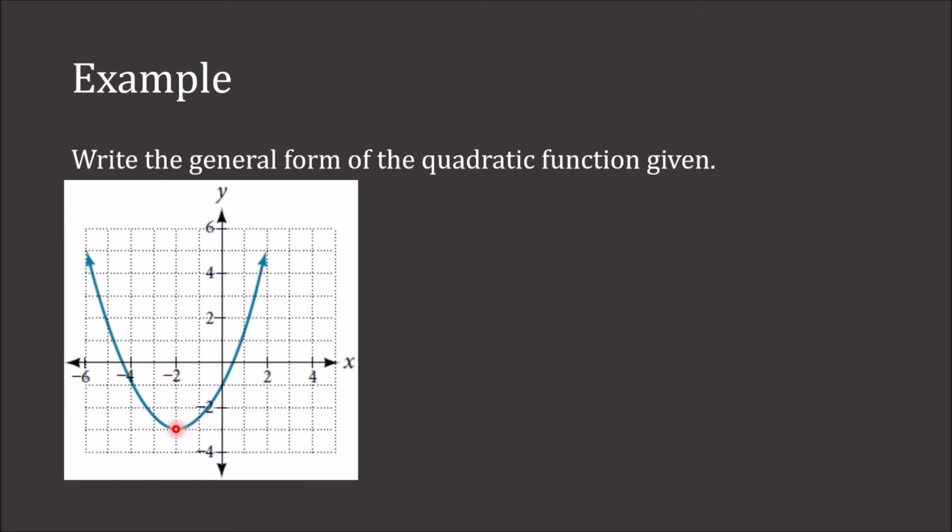That's located at the point negative 2, negative 3. So hk is the point negative 2, negative 3. So the standard form, remember, is f of x equals a times x minus h squared plus k.